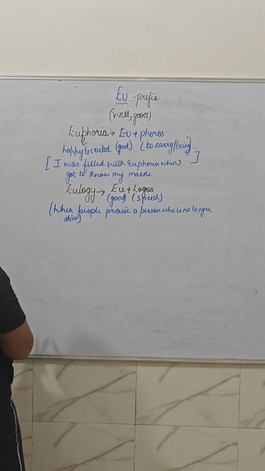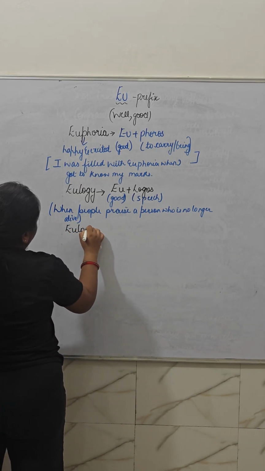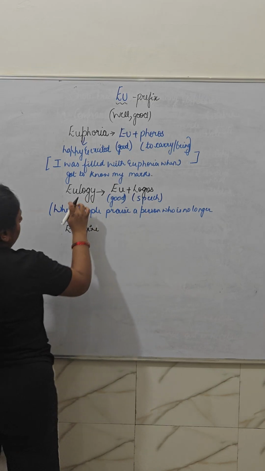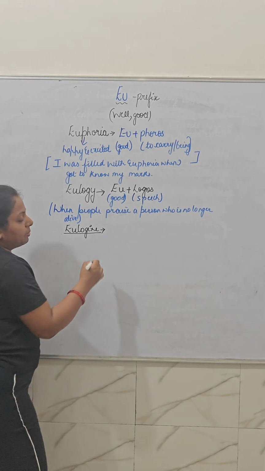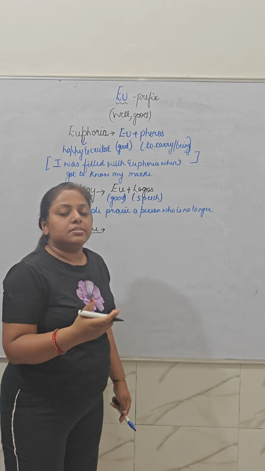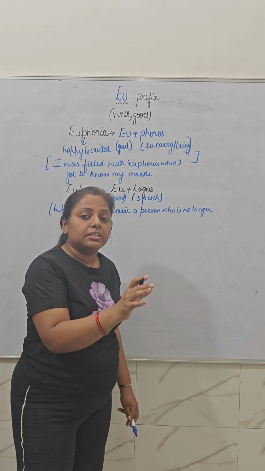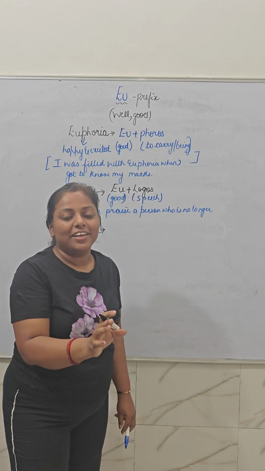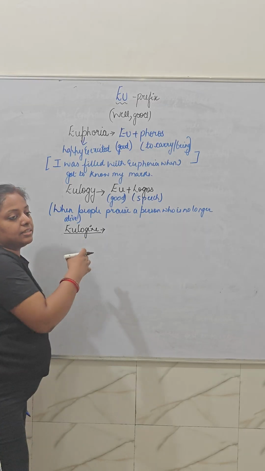One more word with EU is eulogize. Somewhere or the other they are the same, but over here, if somebody is praising someone, and the person being praised is very much alive, in that case we say the person is eulogizing the other person.